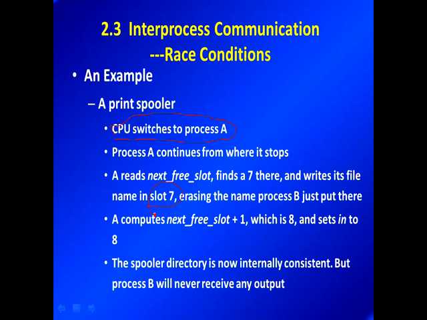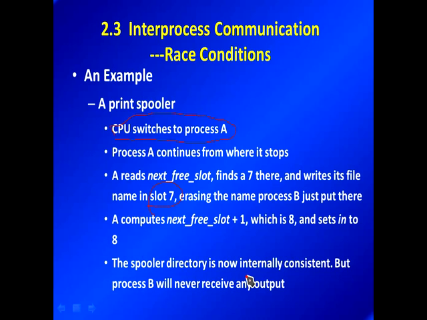Process A has no idea about this. So process A just overrides the file in slot 7. The file from process B is erased. But process B has no idea about this. Process B just finished its job and leaves this directory and does its next jobs.